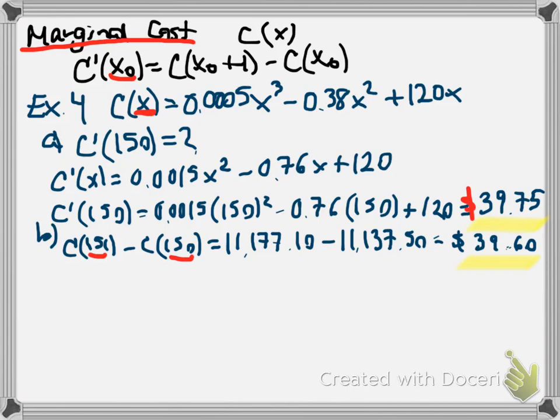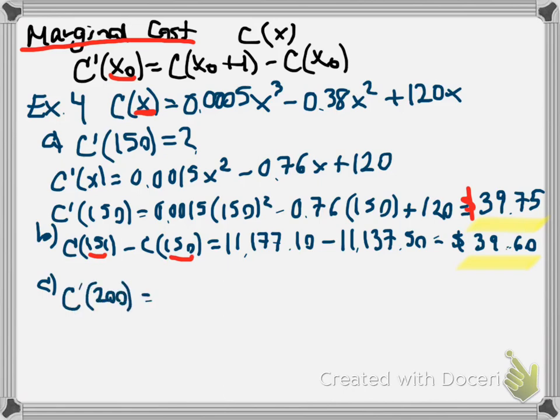Let's go and solve letter C. Is it more expensive to add a passenger when x equals 150 or when x equals 200? In order to see that, we will need to solve C prime of 200.